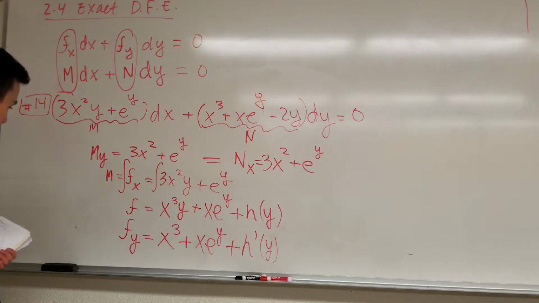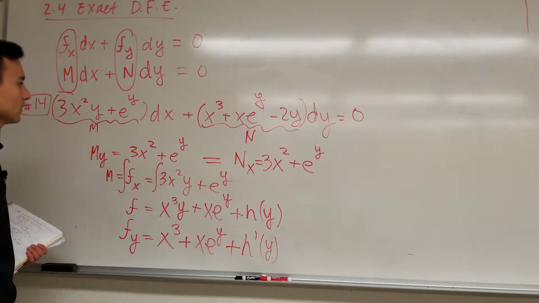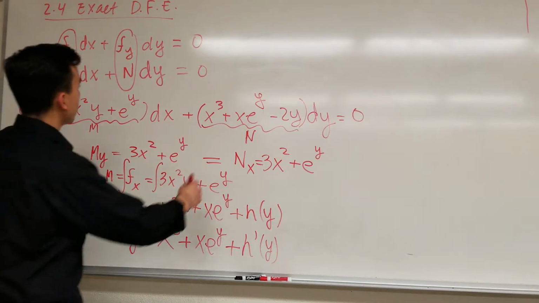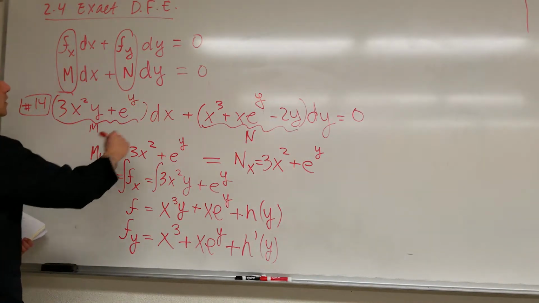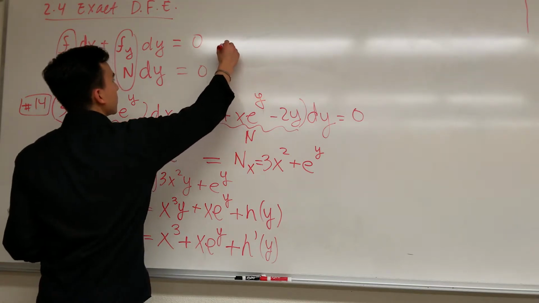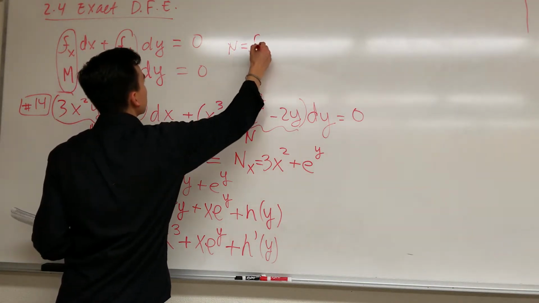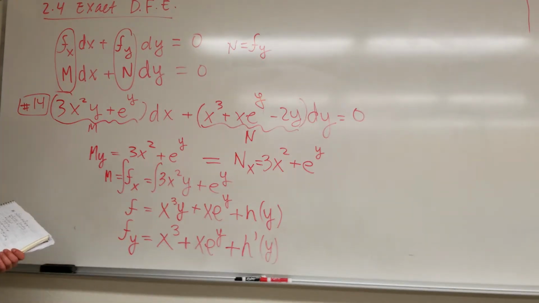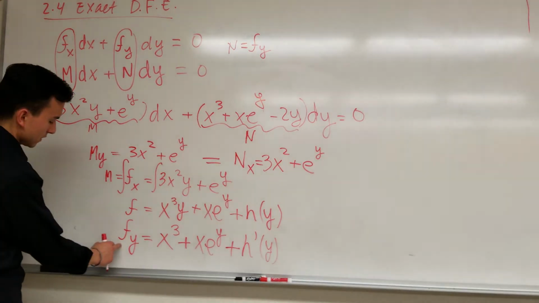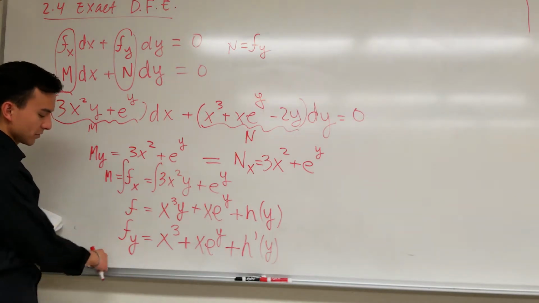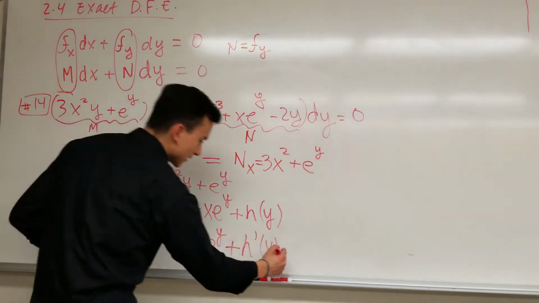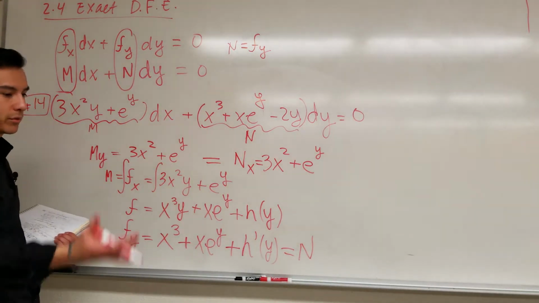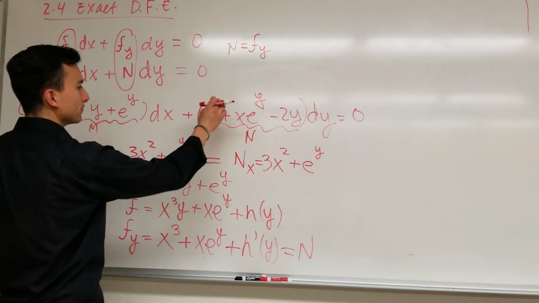All right, great. So now we're going to use another idea: N is equal to the partial of f with respect to y. Well, that means that this is equal to N. Well, what was our N? That was our N.